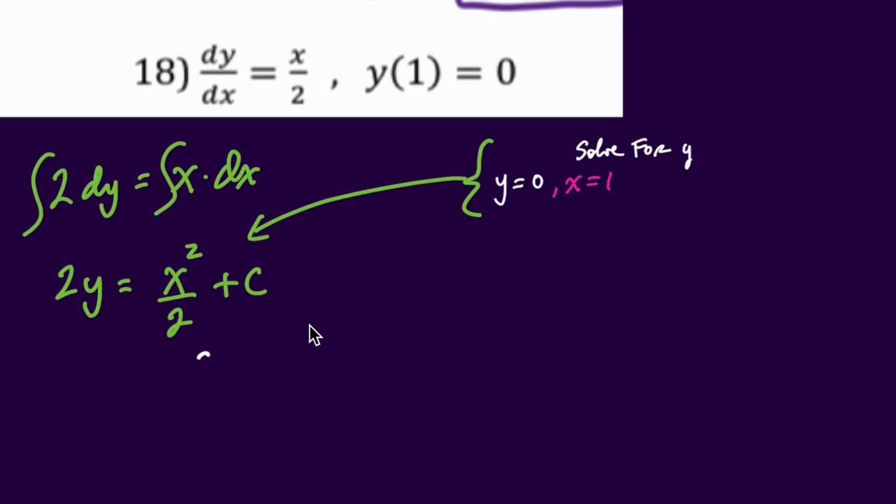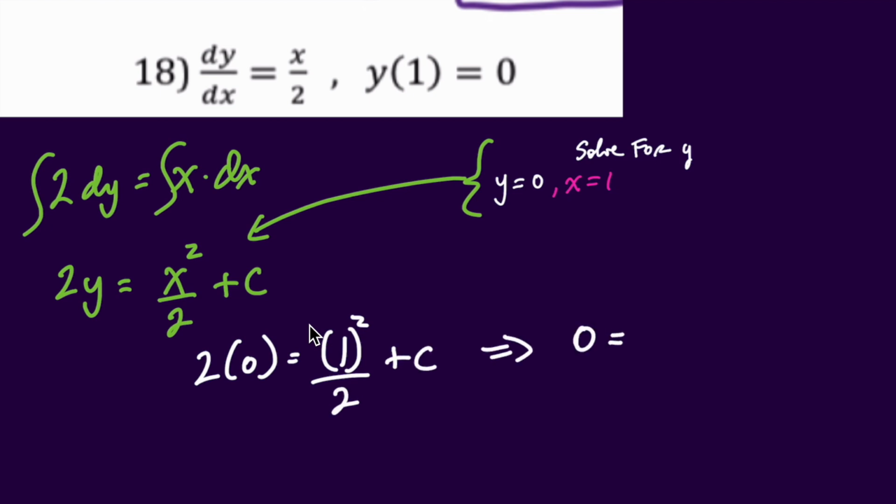So we're going to have 2 times y, which is 2 times 0, equals 1 squared over 2 plus c. That's going to yield 0 equaling 1/2 plus c, because 1 to any power is just 1, and we're going to have a c value of -1/2. Let's go ahead now and reconstruct our answer.